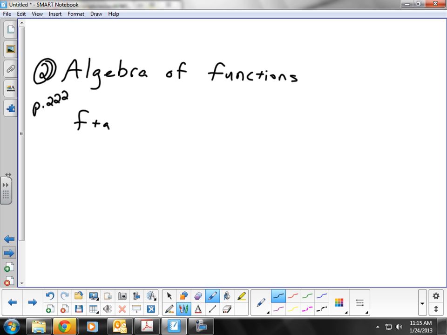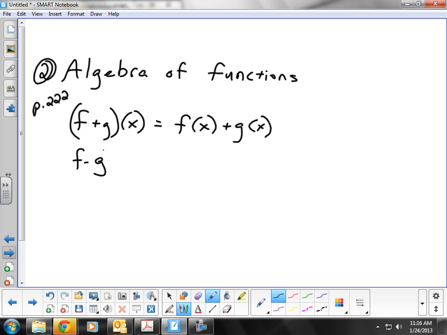It says that f plus g of x, in other words, add f and g together, is the same thing as taking f of x plus g of x. We just take the two functions and add them together and combine like terms if there are any. Same thing with subtraction. F minus g of x means that I'm going to take f of x minus g of x. You just take the first function minus the second function that's in the notation. If you see this notation, it just means take the functions and subtract them from each other in that order.